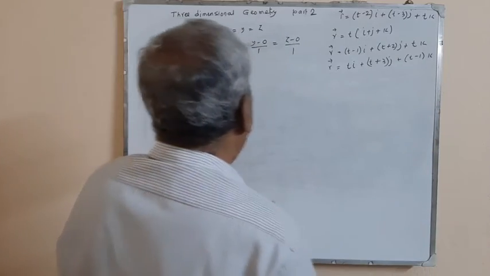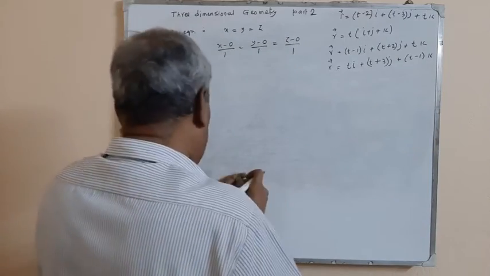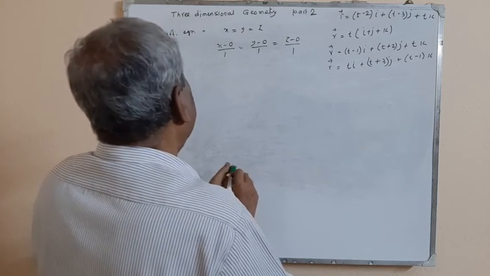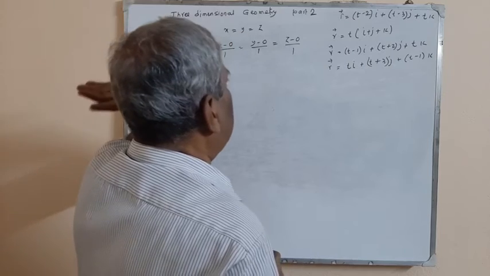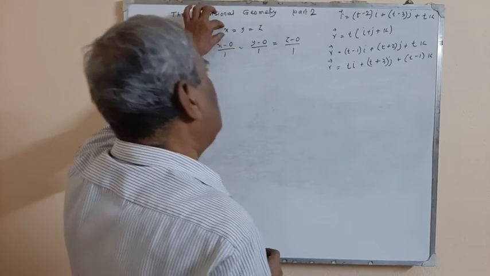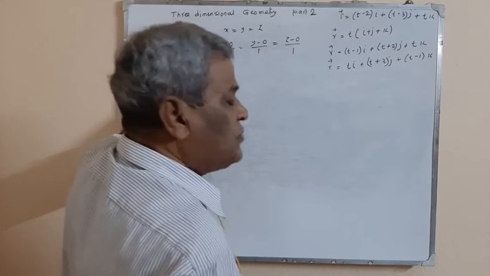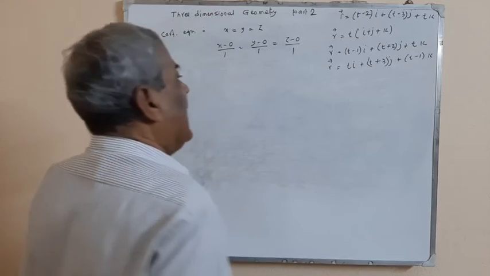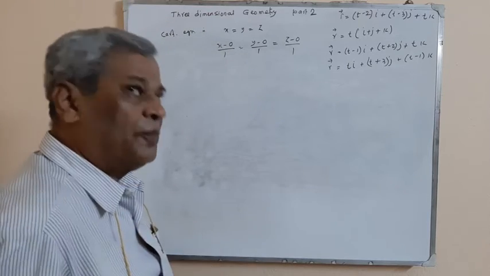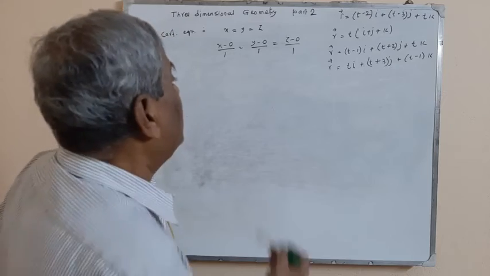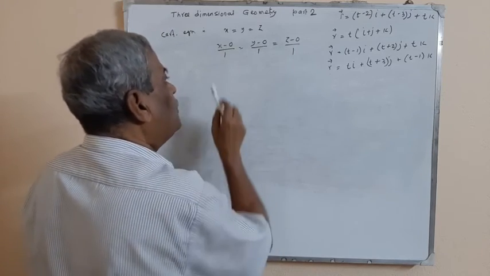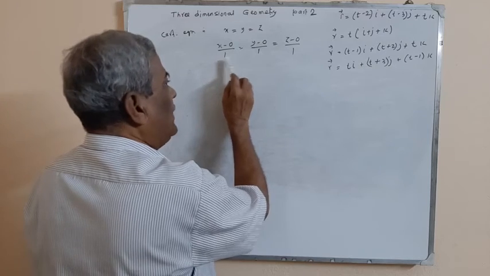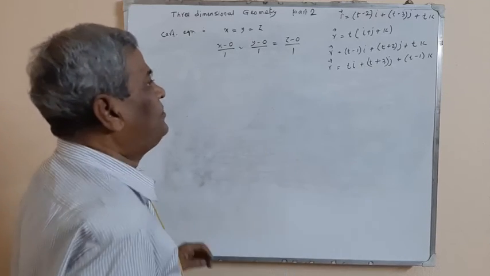So I'm repeating the problem. We have to find the vector equation of a straight line whose Cartesian equation is this. This Cartesian equation can be written in the symmetric form as that. From the symmetric form, it passes through the point 0, 0, 0 and its direction ratio is 1, 1, 1.